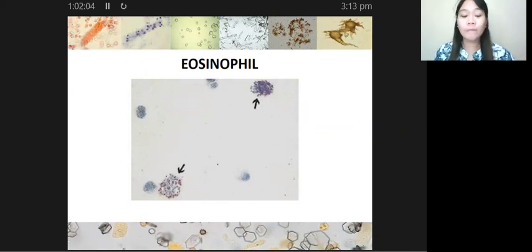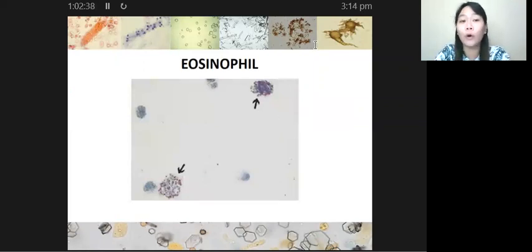Another important WBC that we have to take note of, if it is present in your urine sample, is your eosinophil. What stain do we use for your eosinophil? Very good, we have your Hansel stain. Your Hansel stain is utilized to color the granules of your urinary eosinophil.